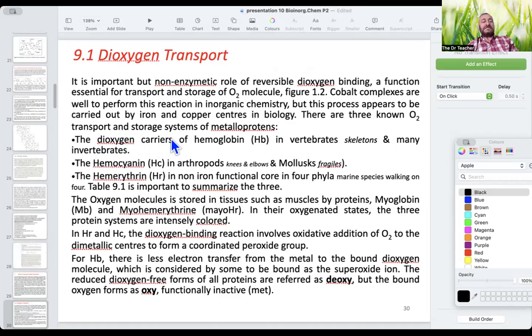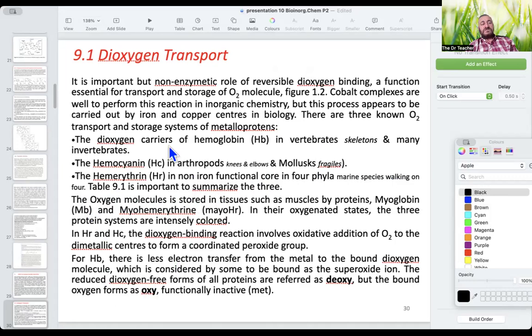The dioxygen carriers: hemoglobin in vertebrates and many invertebrates as well, hemocyanin in arthropods and mollusks, hemerythrin, a non-heme iron functional core, in 4 phyla of marine species. And there is a table here to summarize the 3.